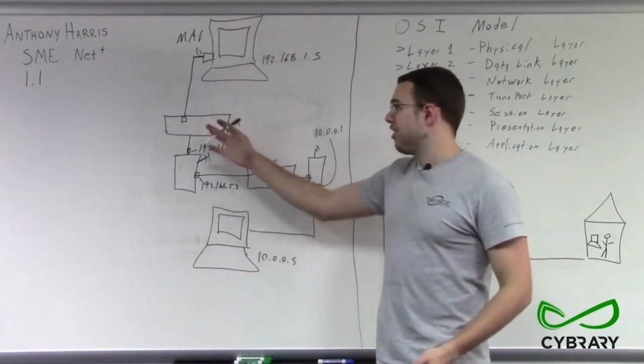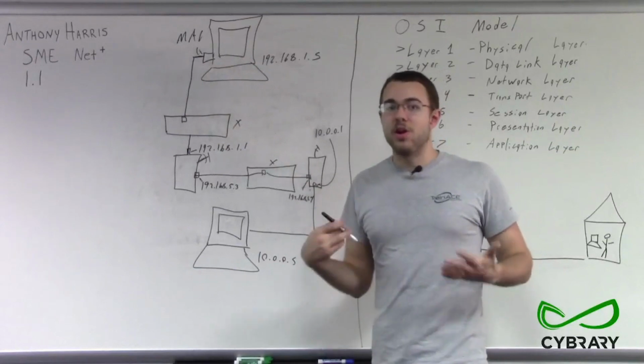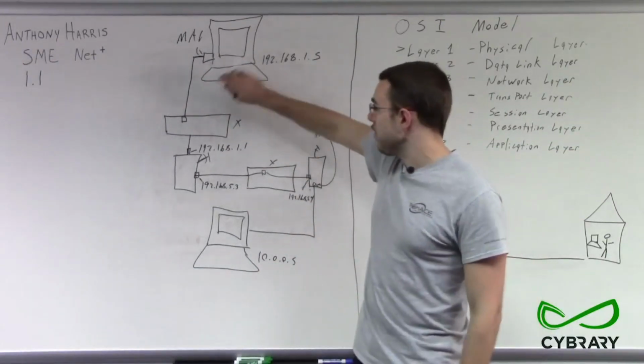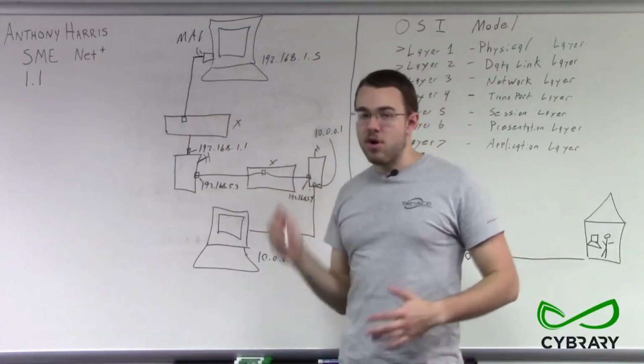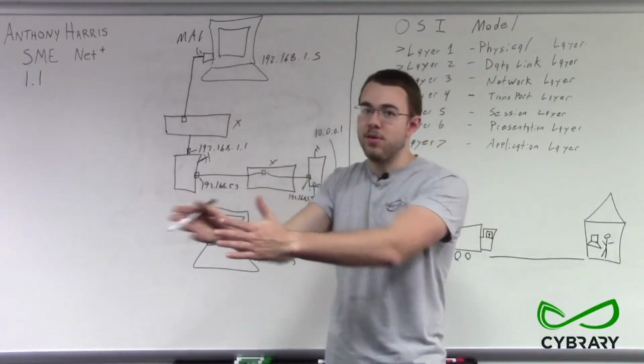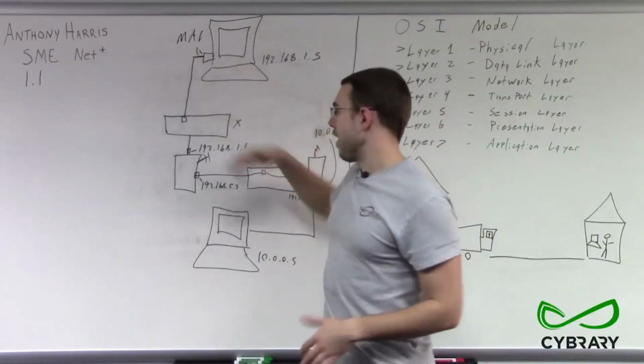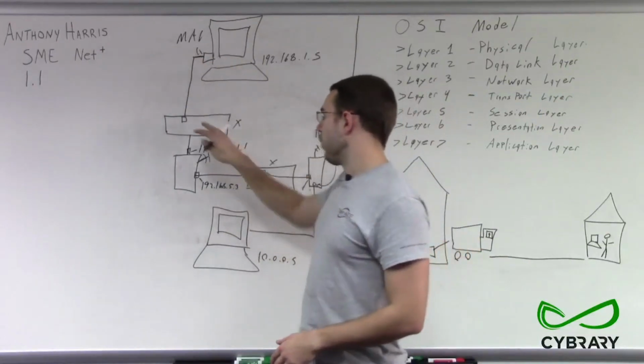Our switch here still has a MAC address on its ports, because we still need a way for our computer to recognize, okay, this is where I need to send it. There may be several other cables that branch off and connect in before we get to our switch.